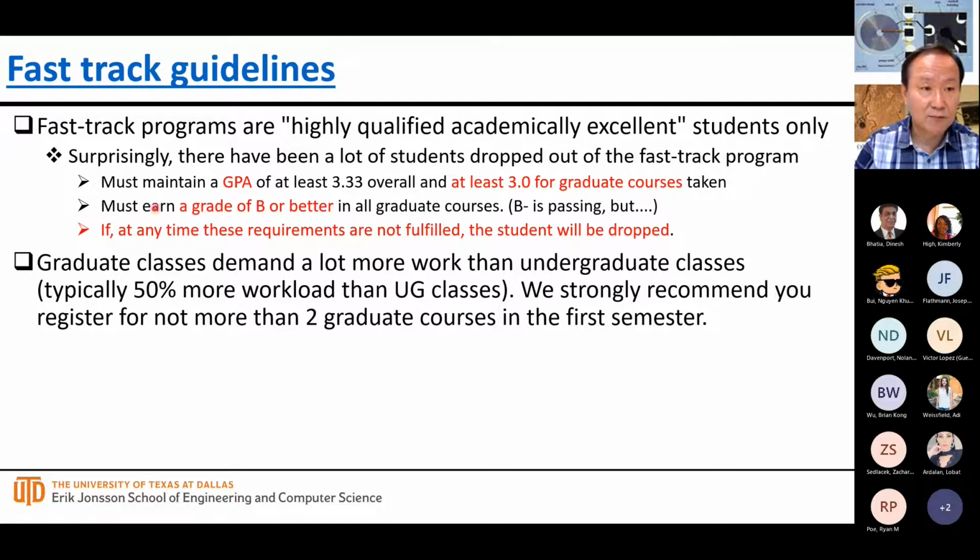Because of this strict rule for the Fast Track program, you must maintain a GPA of at least 3.33 overall and at least 3.0 for all graduate courses taken. And you must earn a grade of B or better in all graduate courses. So this is a killer.